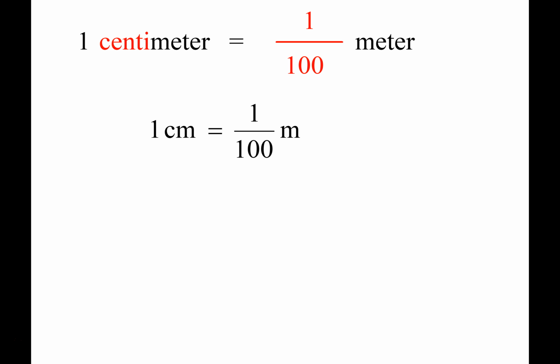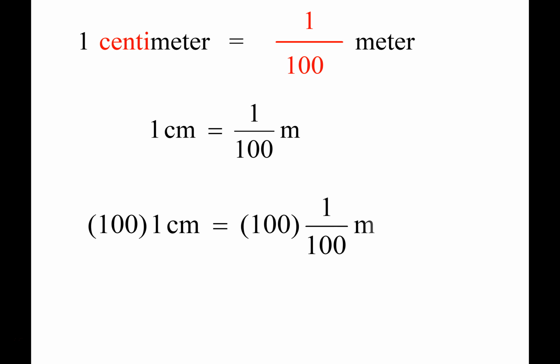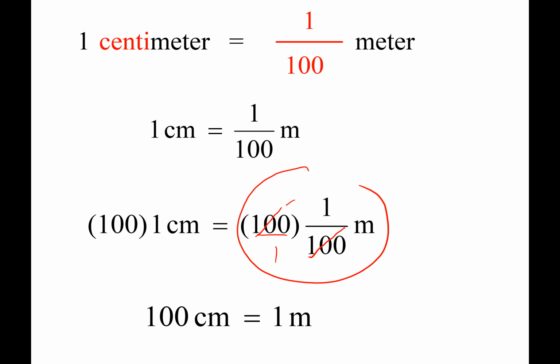As long as I do the same thing to both sides, I'm not a bad teacher, I can do it. So I'm going to multiply both sides by 100. That looks like this. Multiplying both sides by 100 gives me this option over here where I have 100 in the numerator and 100 in the denominator. So I can rewrite that statement, and I have another statement about centimeters and meters.